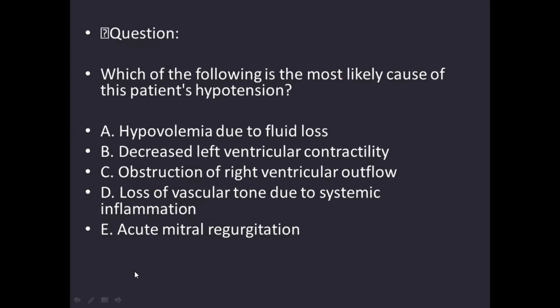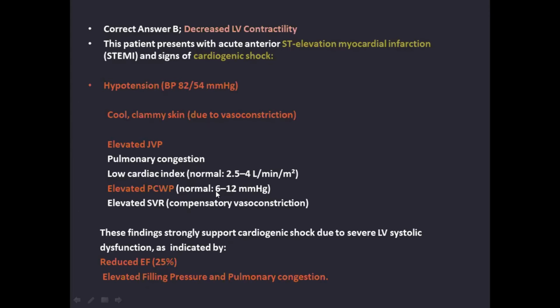Also pulmonary congestion, low cardiac index, elevated pulmonary capillary wedge pressure, and elevated systemic venous resistance because of compensatory vasoconstriction. These findings strongly support cardiogenic shock due to severe left ventricular systolic dysfunction, as indicated by the reduced ejection fraction and elevated filling pressure.